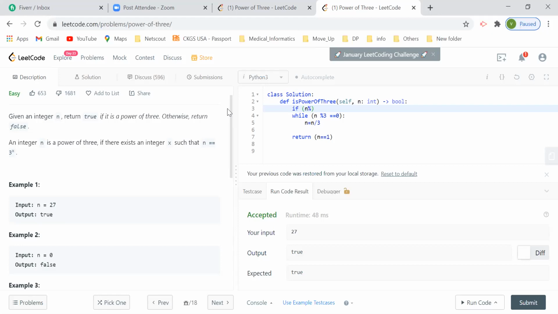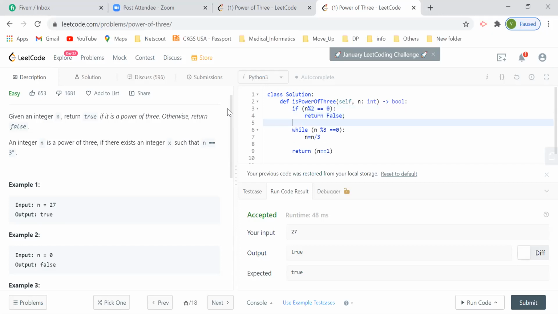N mod 3 is equal to 0. Initially itself you return. N mod 2, right? Basically n mod 2 equal to 0, then return false.